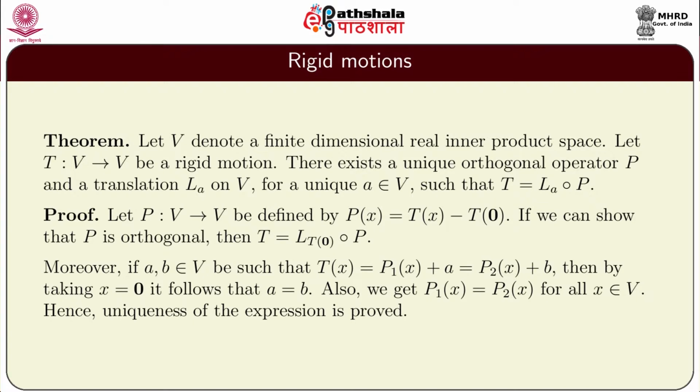Because P1 and P2 being linear maps, we have P1 0 is equal to P2 0 is equal to 0, and therefore A is equal to B. Also we get P1x is equal to P2x for all x in V, and therefore P1 is equal to P2. This shows the uniqueness of the expression.